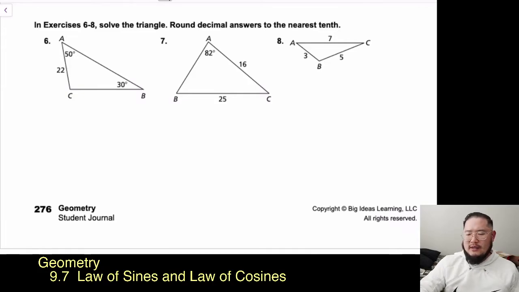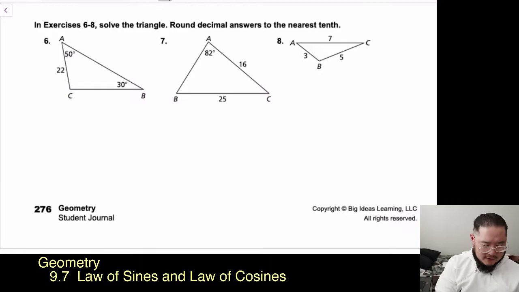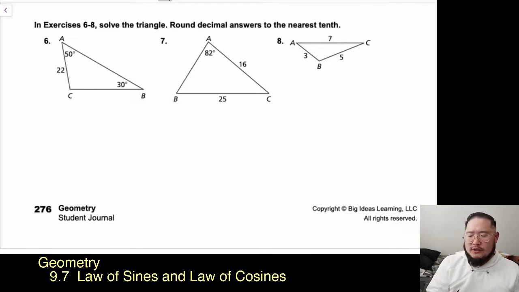Well, I've got 2 out of the 3 angles right here. I could figure out one of the angles. It's pretty easy, right? Because interior angles of a triangle happen to be 180 degrees. But, hey, we'll get to that later. So let's go ahead and set things up.